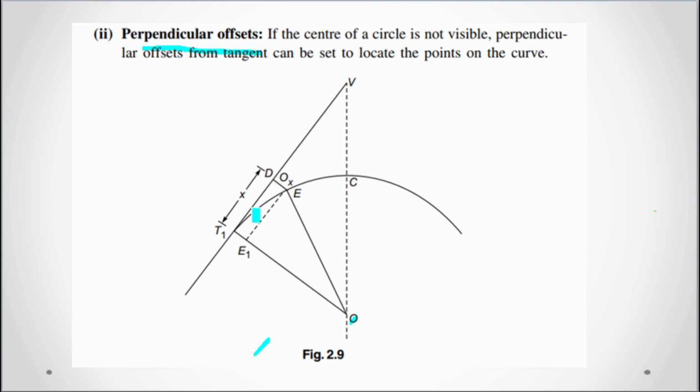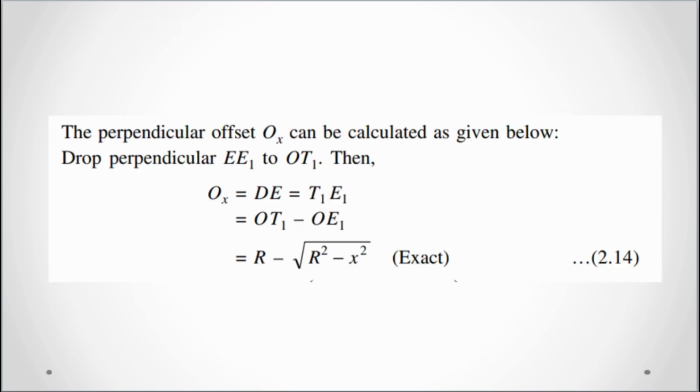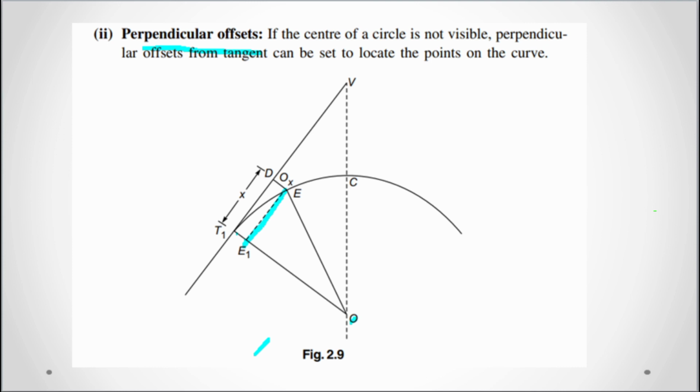So our perpendicular was dropped here. By dropping the perpendicular, the distance of the offset x will be equal to DE, and that is equal to T1 E1. So offset x is equal to DE.